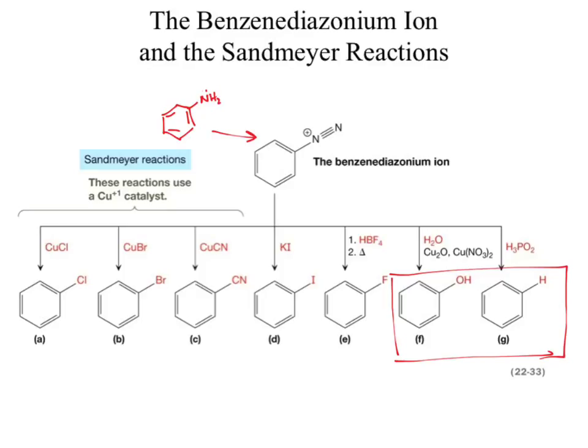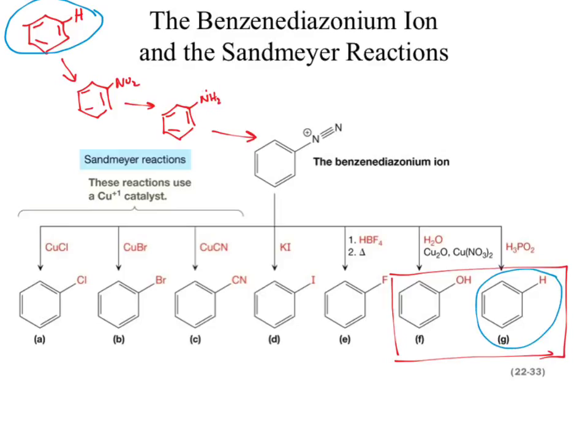Our amine, which came from our nitro, which came from... it's an awful lot of steps. What did we start with? Benzene. What did we end with? Benzene.